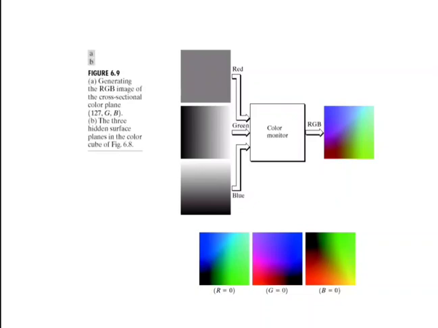These 216 colors have become the de facto standard for safe colors, especially in internet applications. They are used whenever it is desired that the colors viewed by most people appear the same.